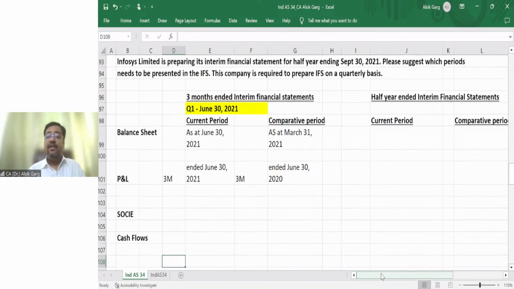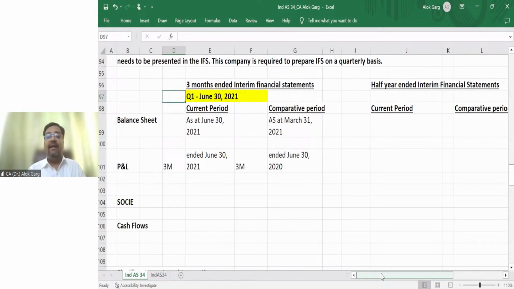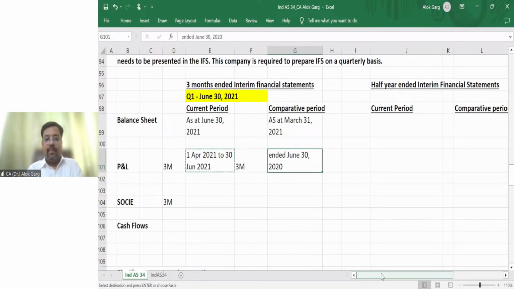A statement of changes in equity is also for the period ended. It also shows the performance. This statement of changes in equity is, I would say, I'll write this here, April 21 to 30th June 21. Right? Here it will be 1st April 20 to 30th June 20.